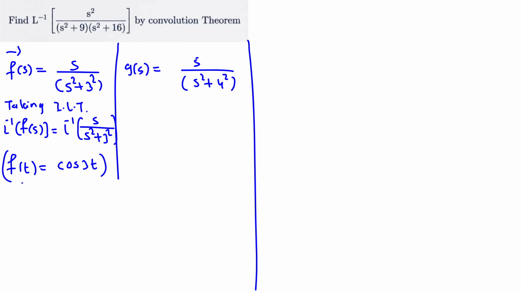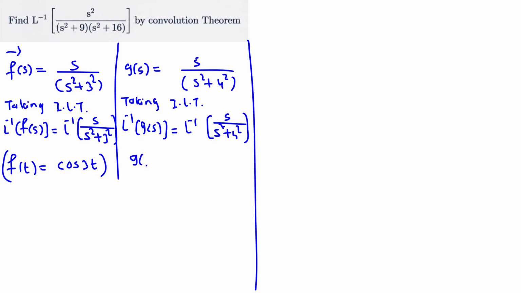Similarly here again the same, taking the inverse Laplace transform, you will get Laplace inverse of g of s is equal to Laplace inverse of s upon s square plus 4 square, right? So Laplace inverse of g of s is g of t, is equal to, again the same, its inverse will be cos 4t.